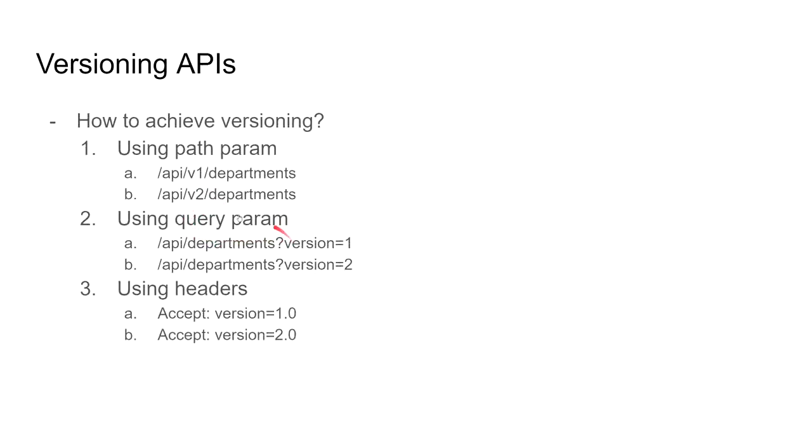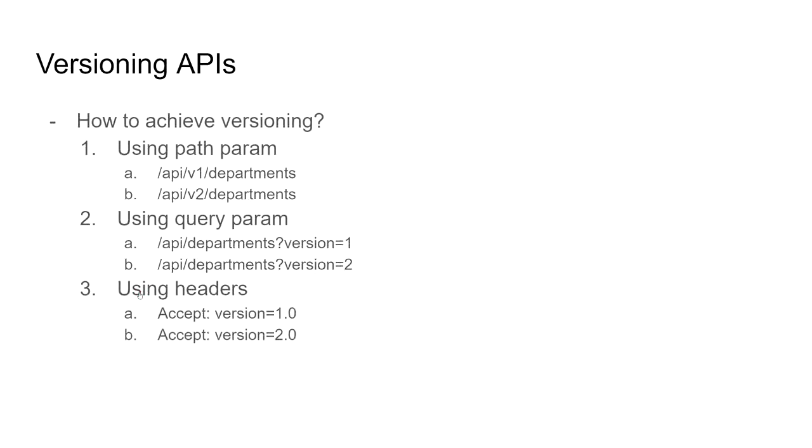Over here we took the version as a path parameter of some sort, whereas over here we are taking it as a query parameter. So you have two options, and the third option is also in the headers. There is something called headers in HTTP 1.1.